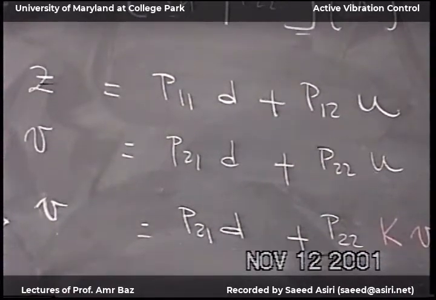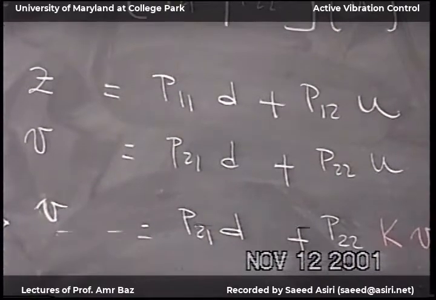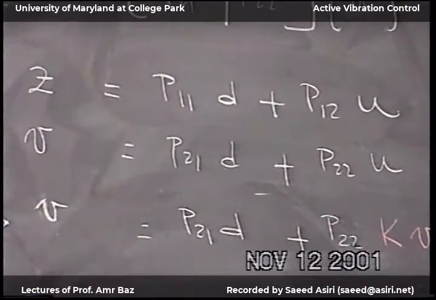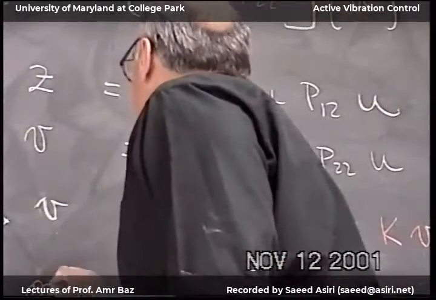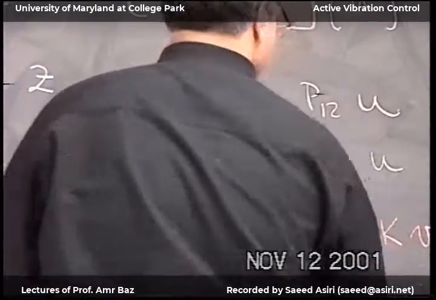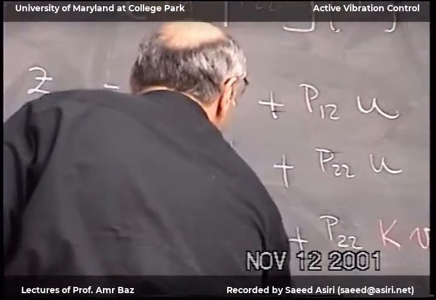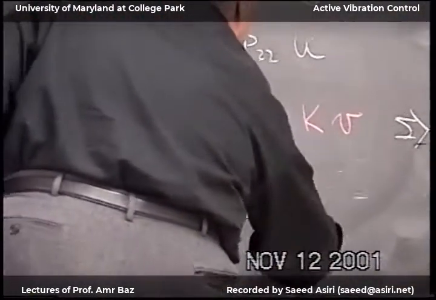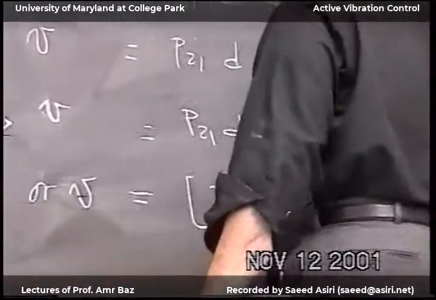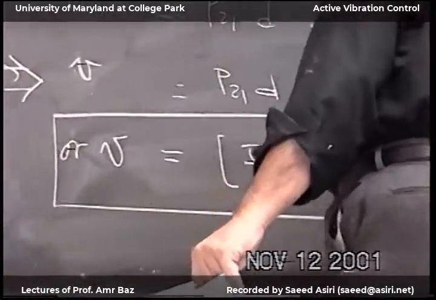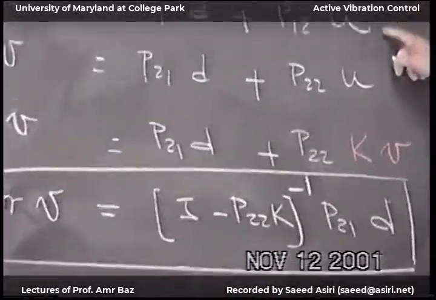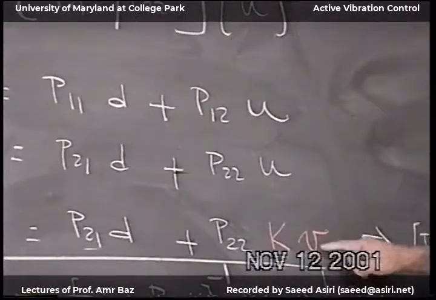So I have I minus P22 K and V is equal to P21 and D. Or V is equal to I minus P22 K inverse P21 and D. Come to the top equation and replace U again by KV and replace V from here.